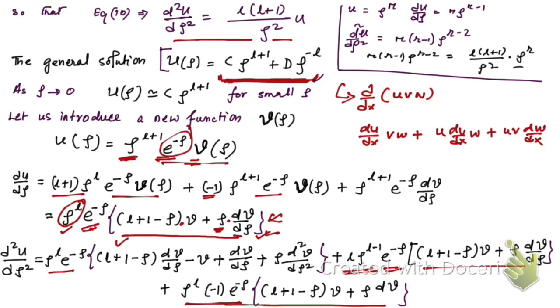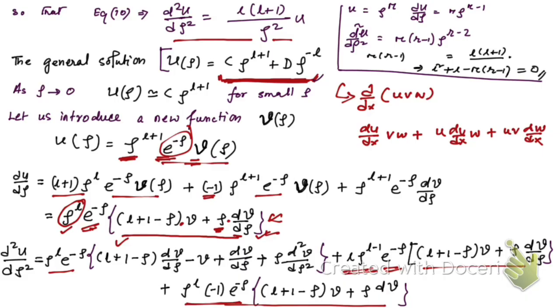And if you divide this rho to the power r by rho square, then you're gonna end up getting rho to the power r minus 2 here. Okay, and this rho to the power r minus 2, rho to the power r minus 2 cancels, and then you end up getting this equation. This is the quadratic equation. Okay, so here this implies that r square minus r minus L into L plus 1 is equal to 0.